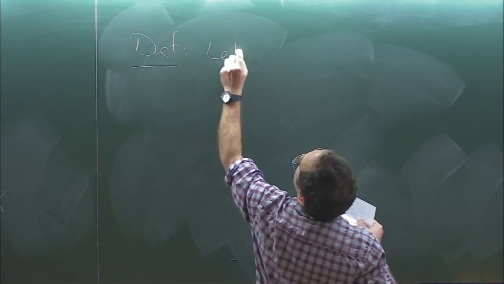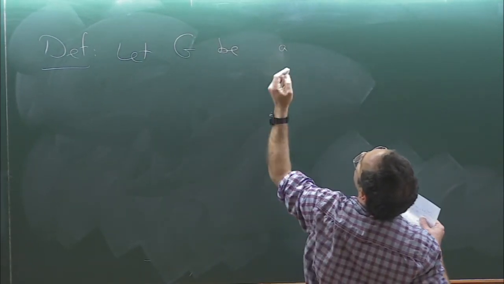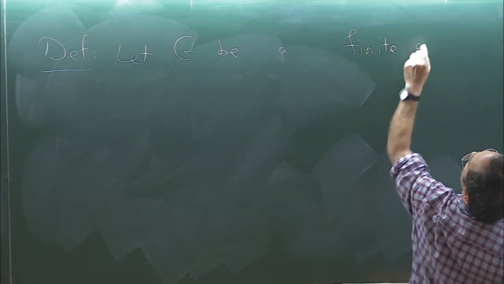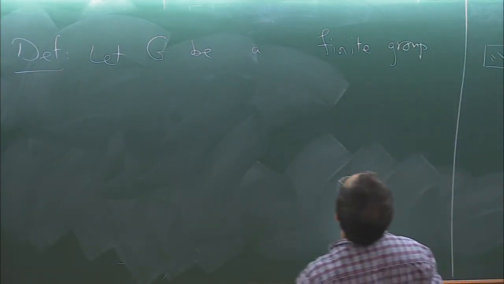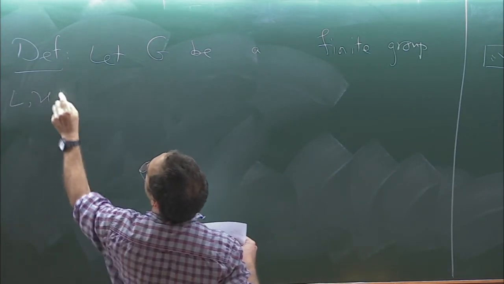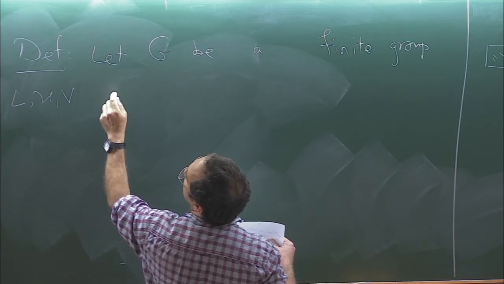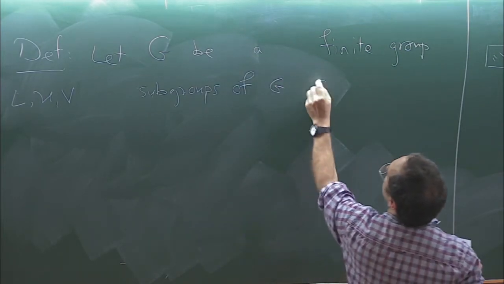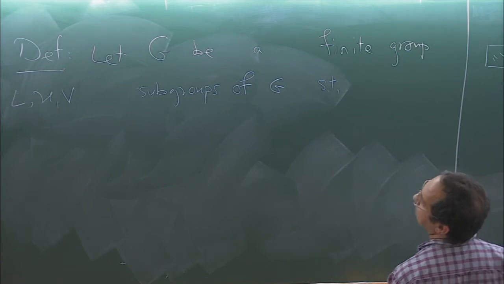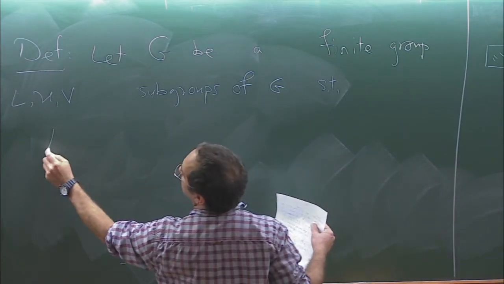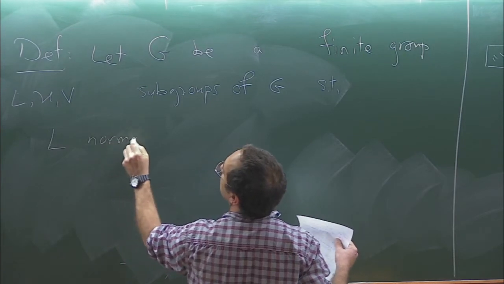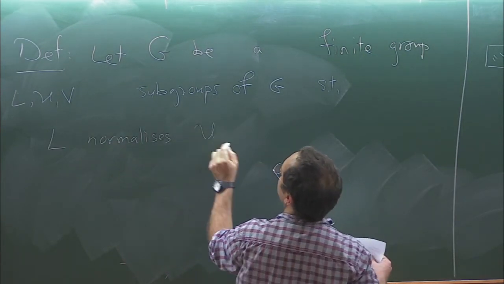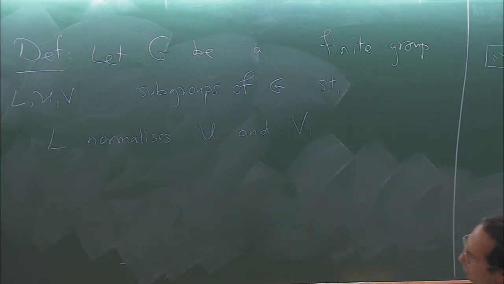Let G be a finite group, and L, U, V subgroups of G such that L normalizes U and V, exactly as we have.